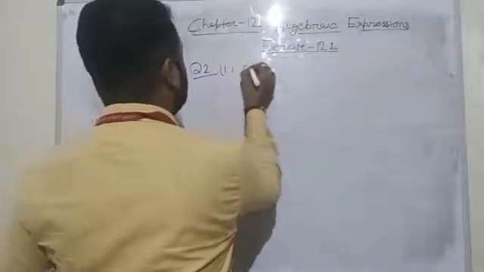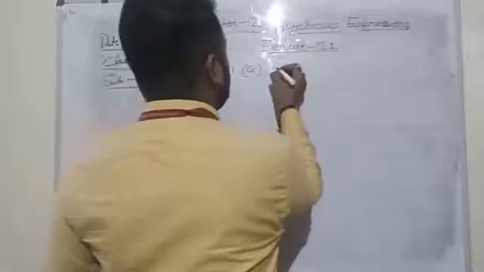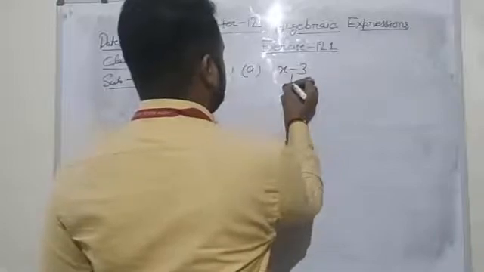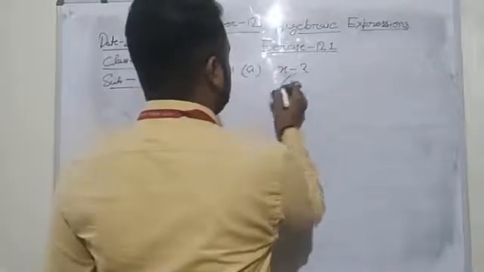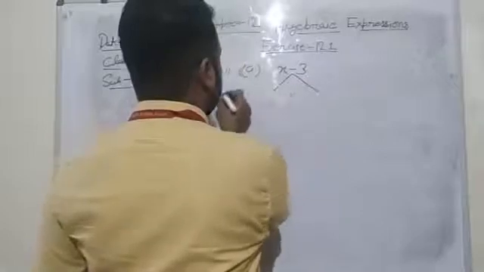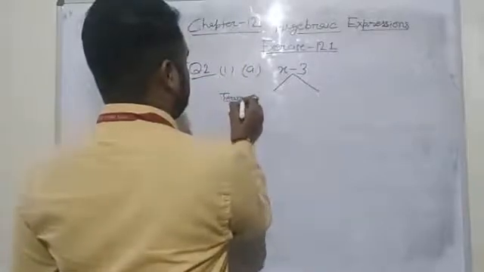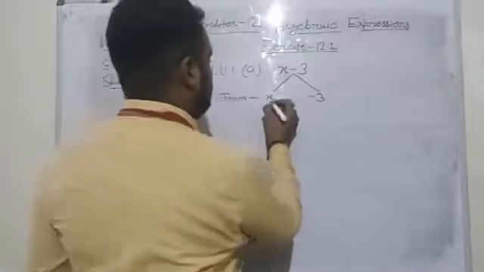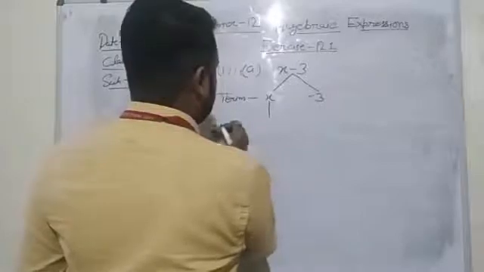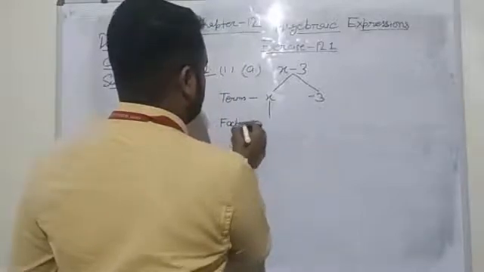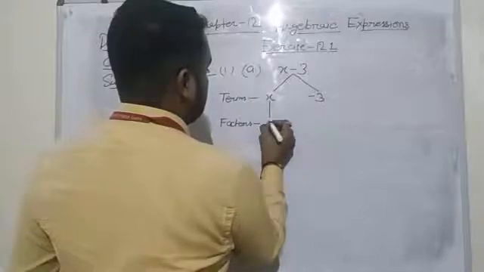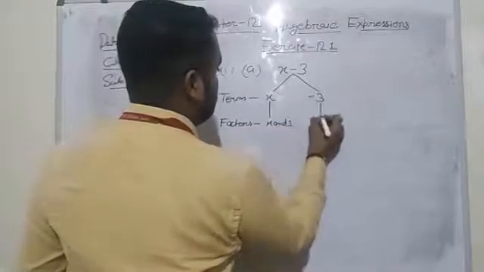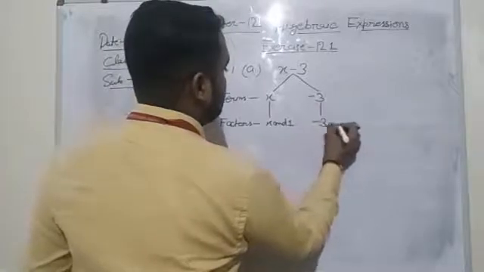Question number 2, first part, a part, x minus 3. So here the terms are x and minus 3, and the factors of x are x and 1, and for minus 3, minus 3 and 1.